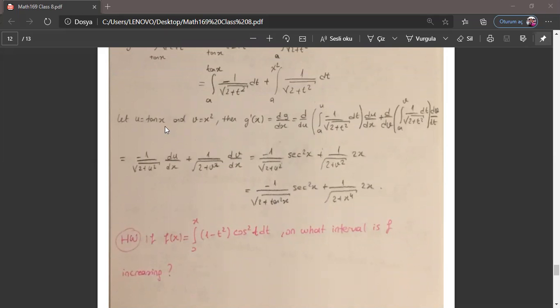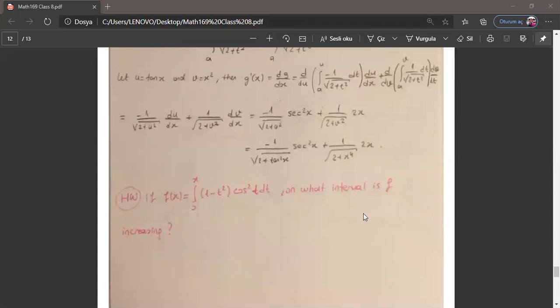So instead of u, we write tangent x, and instead of v, we write x squared, okay? This is homework for you. It's easy, okay? If you cannot find the answer, you can ask me in office hours, which is on Friday between 5 and 7 p.m.